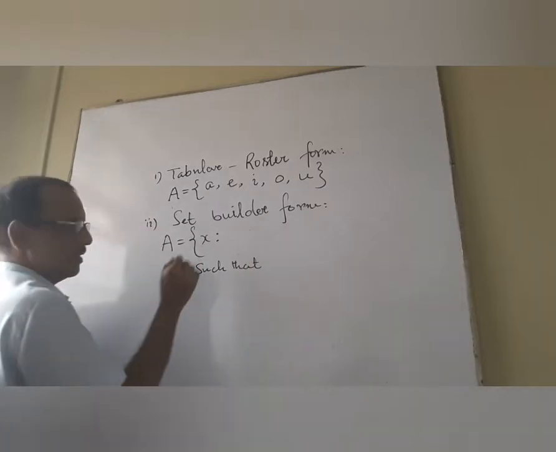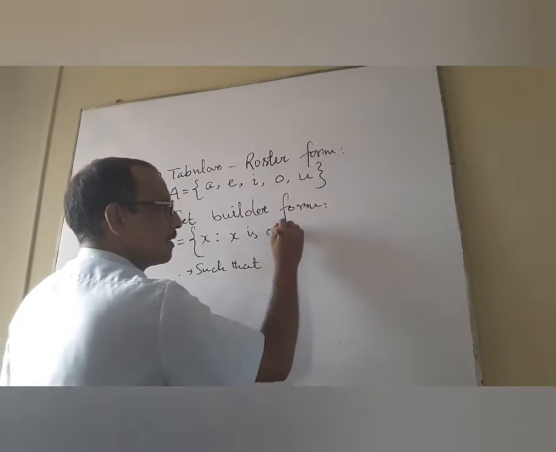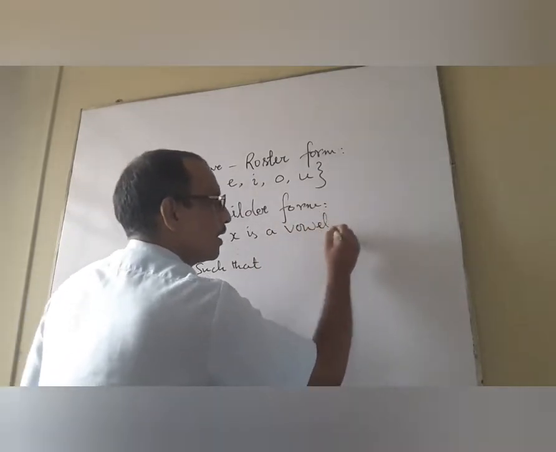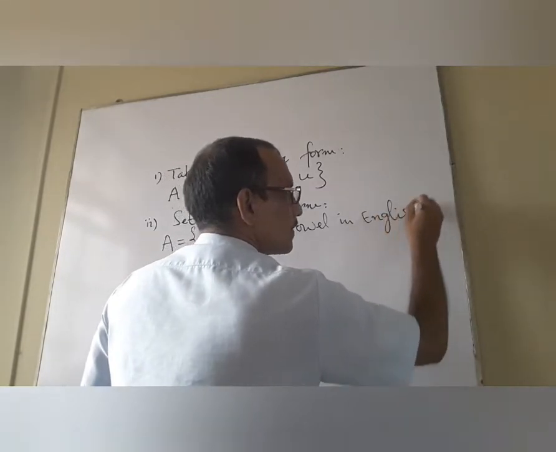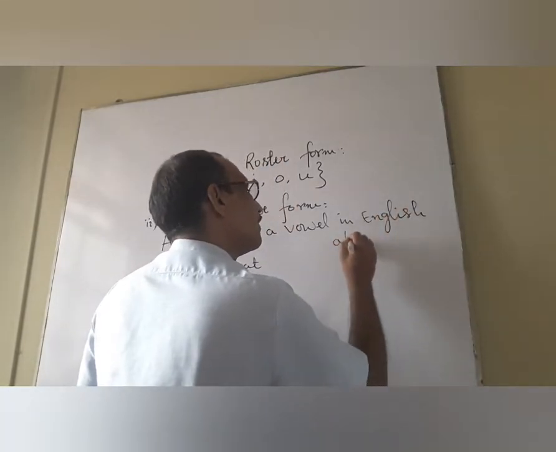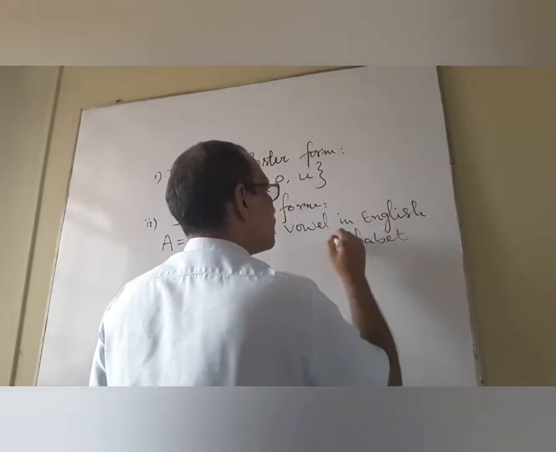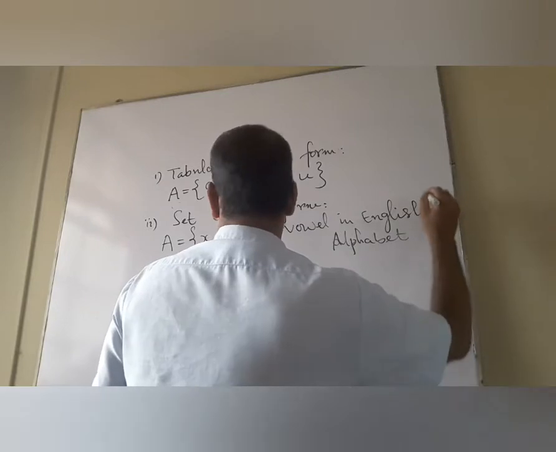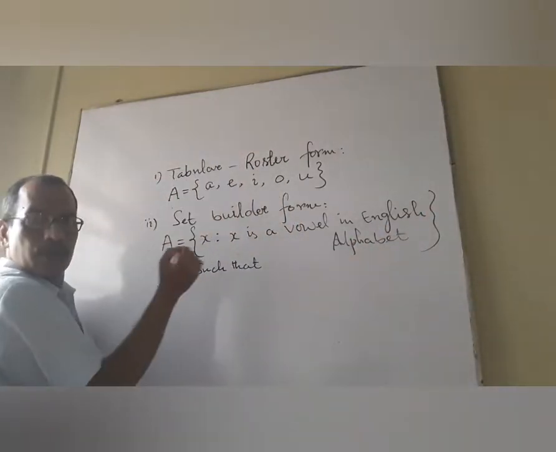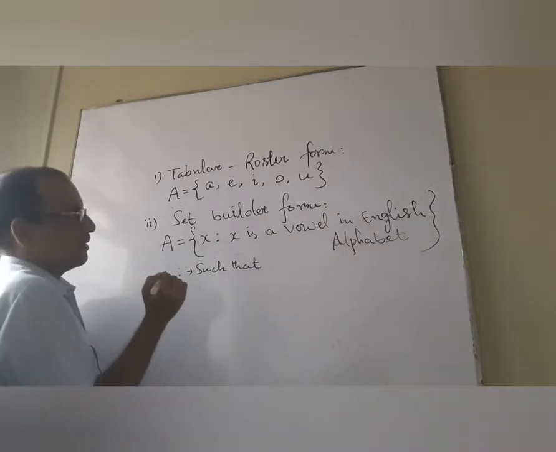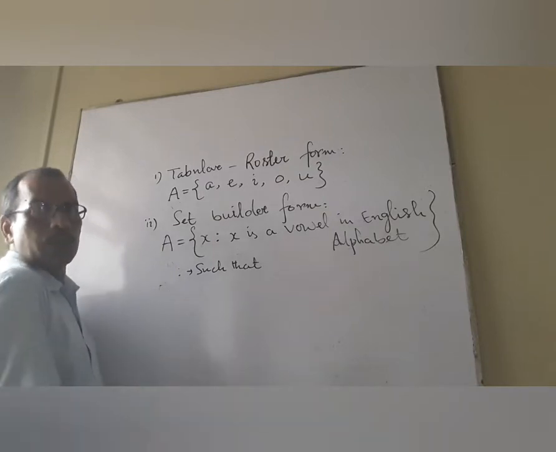We read: x such that x is a vowel in the English alphabet. So you can see that in both cases we are representing the same set of vowels, but in two different ways.